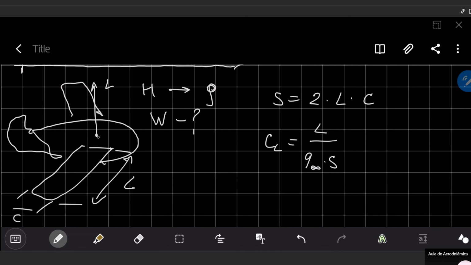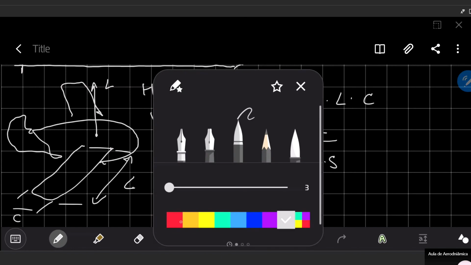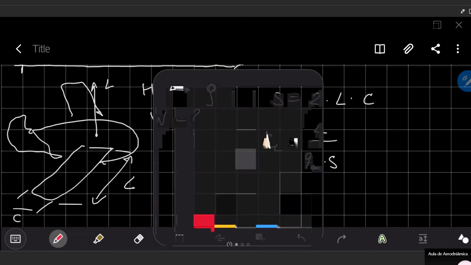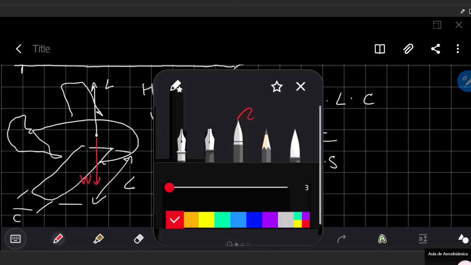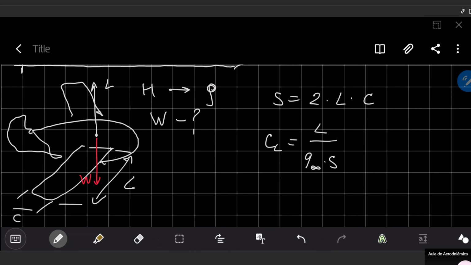And the opposite force we have is the weight force. And the lift force is equal to the weight force both when we are taking off and when we have a cruise flight. So to determine the velocity of the flight, you need to have a lift equal to the weight. And it will be the simplest case.